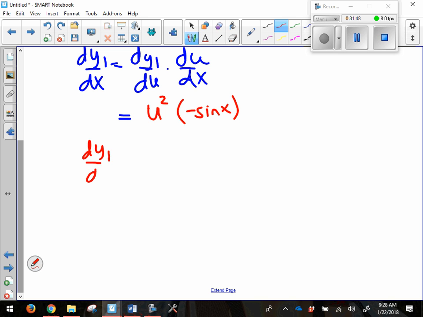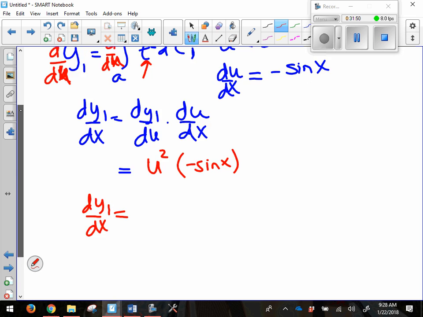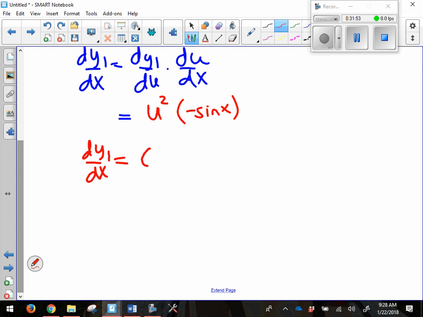So dy1/dx is going to be u squared, and u was cosine x, so it's going to be cosine x, quantity squared, multiplied by negative sine x. That's why everything has parentheses around them.